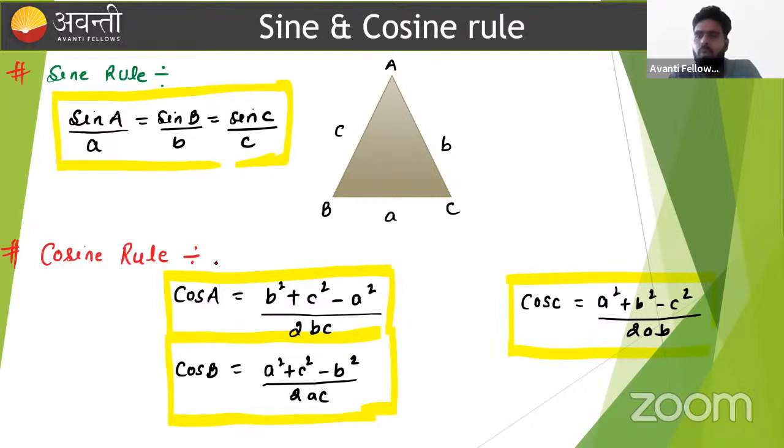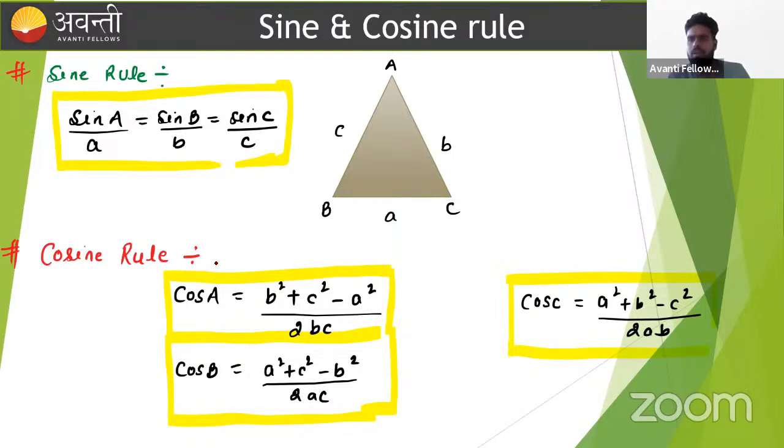If somebody asks me why we study trigonometry, beta, it is because trigonometry tells the relation between angle and side, and if a right angle triangle is given, that is the beauty of trigonometry. You can always develop a relation between side and angle.